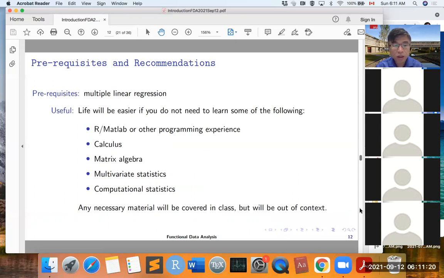It will be easier for you to understand the materials if you know R and some basic matrix algebra and multivariate statistics.